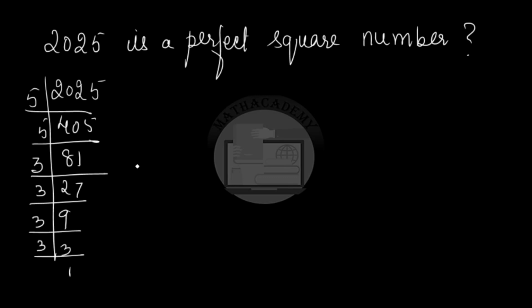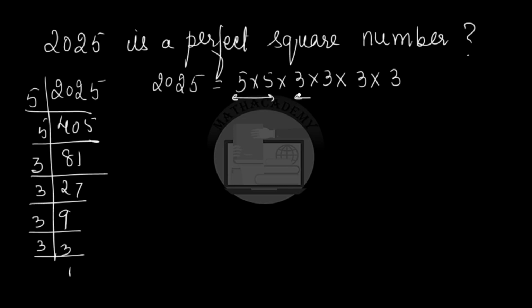We prime factorize 2025 and we see that 2025 is 5 times 5 times 3 times 3 times 3 times 3. So we have a pair of 5, a pair of 3, and another pair of 3. And since all the factors are coming in pairs, we see that 2025 is a perfect square number.